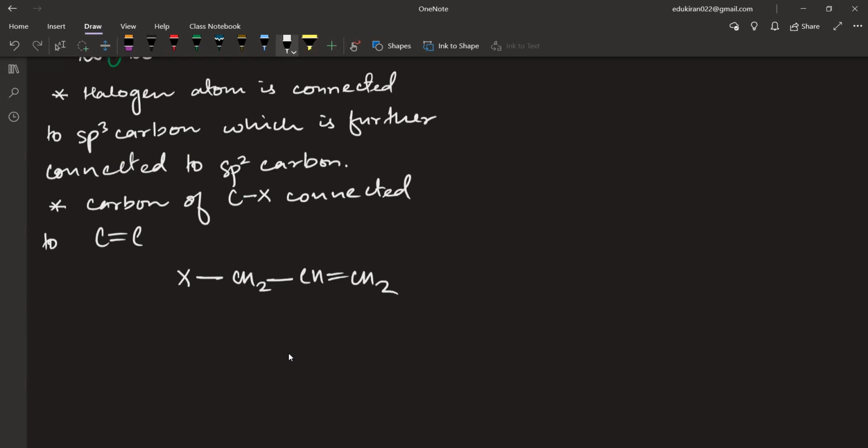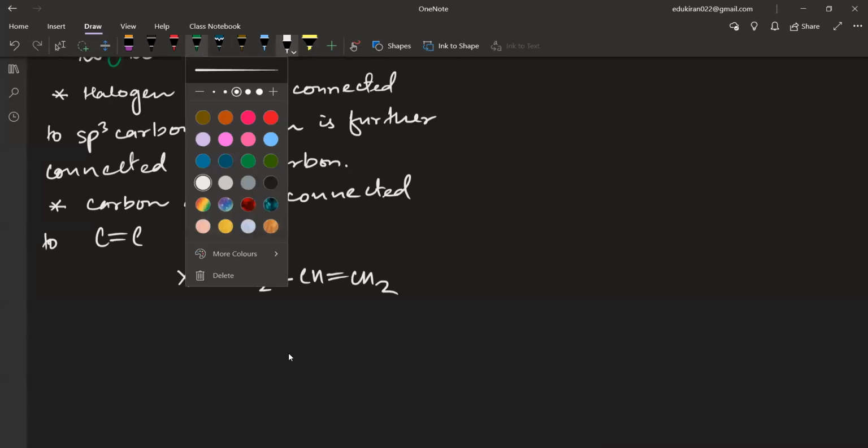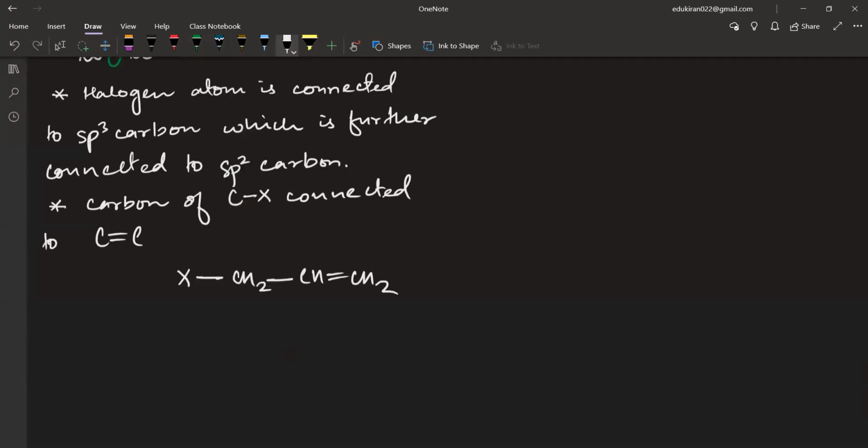Right, next. Another classification is benzylic halide. By the way, one more thing: this carbon atom is known as allylic carbon.